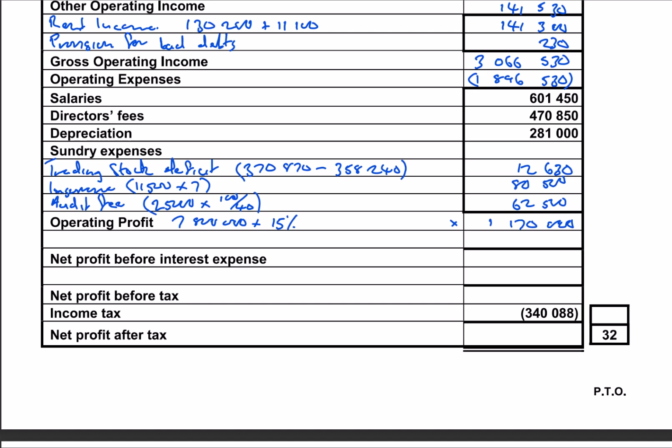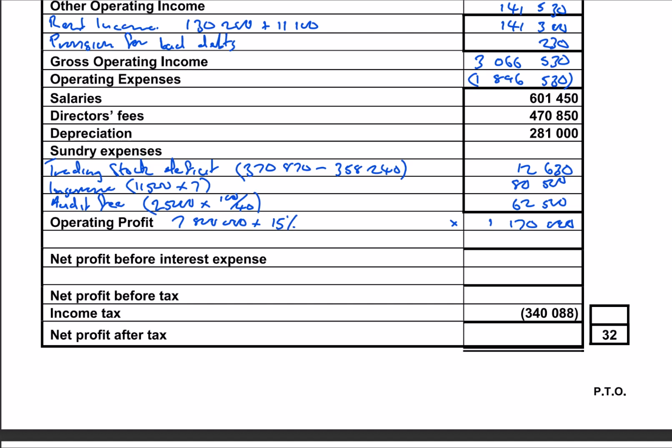1,896,530 minus 601,450 minus 470,850 minus 281,000 minus 12,630 minus 8,500 minus 62,500.